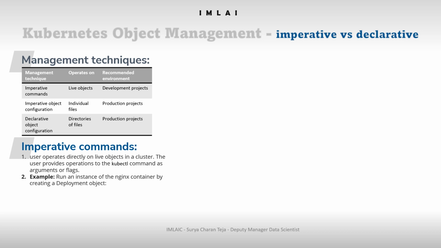We are going to see each and every object in Kubernetes, and do a practical demonstration of how we can work on each of them. But for now we will consider one example: we want to run an instance of nginx container in a pod. So obviously you need to go for a deployment object.